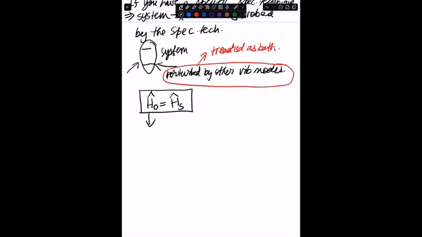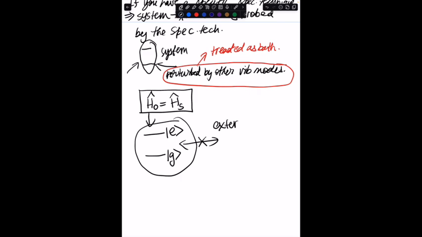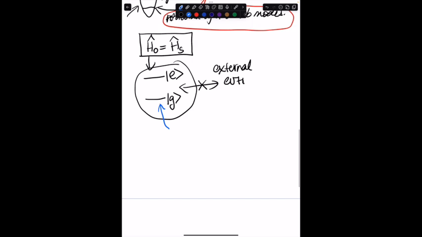Consider an electronic spectroscopy experiment, described by some ground electronic state G and excited electronic state E. In this case, your system will not be interacting with any external environment. So the way I would describe this is that this two-level system in my thought experiment is an isolated system.